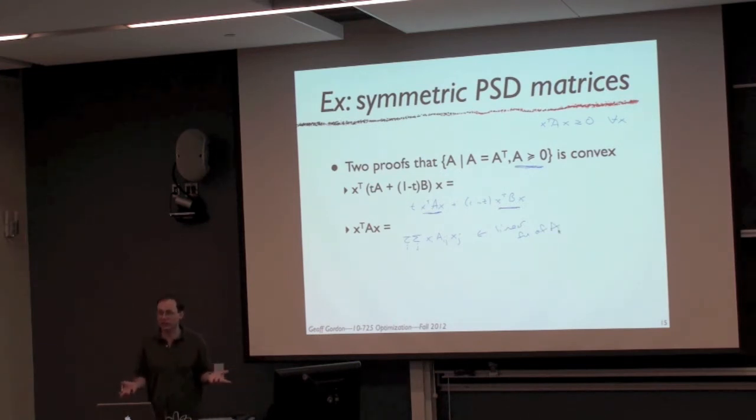It's not a linear function of x, but it is a linear function of A. And so saying that that's bigger than or equal to 0 is a half-space constraint. There's one such half-space constraint for every x. So now I'm intersecting uncountably many half-space constraints. And so the result, since each of the half-spaces is convex, is a convex set, right? So this is, to me, a much cooler proof, even if the first one's simpler. The second one blows your mind. The first one makes you go, oh, well, you didn't meet the second one.